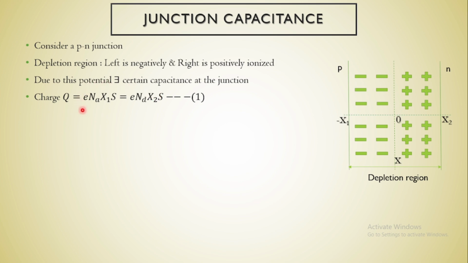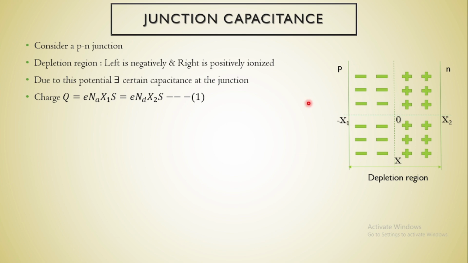Here, Na is the density of acceptors, Nd is the density of donors, and S is the area of cross section. And x1 and x2, as we can see here, are the extent of the depletion region, that is with respect to the positively and negatively ionized regions.